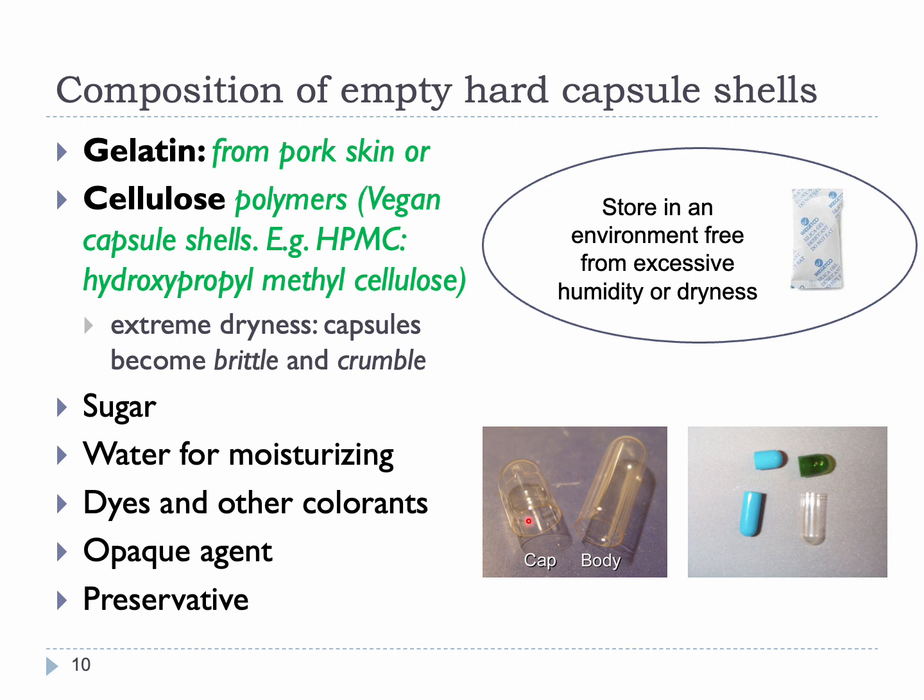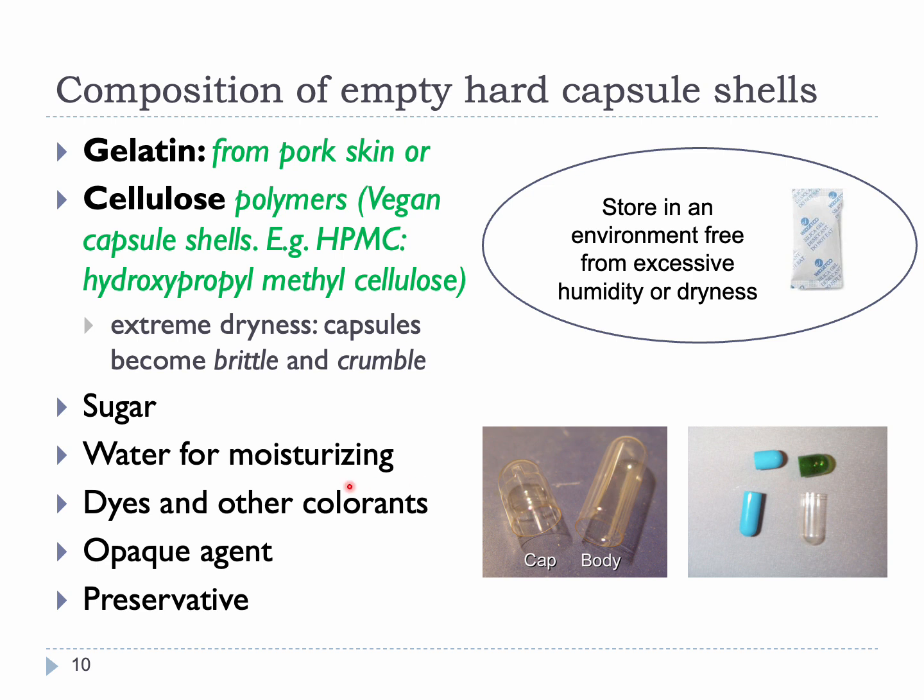For patients who cannot consume pork products, or for vegan patients, the capsule shell can be made from polymers such as hydroxypropyl methylcellulose. Besides the gelatin or cellulose polymers, a capsule shell also contains sugar, water for moisturizing the shell, some dyes and other colorants, and it can include an opaque agent and preservative in the shell.